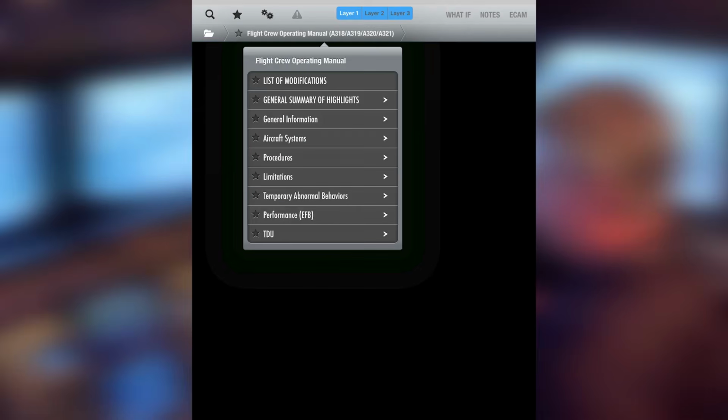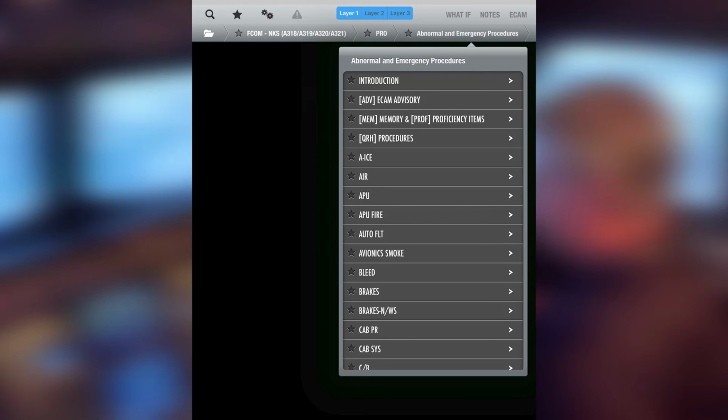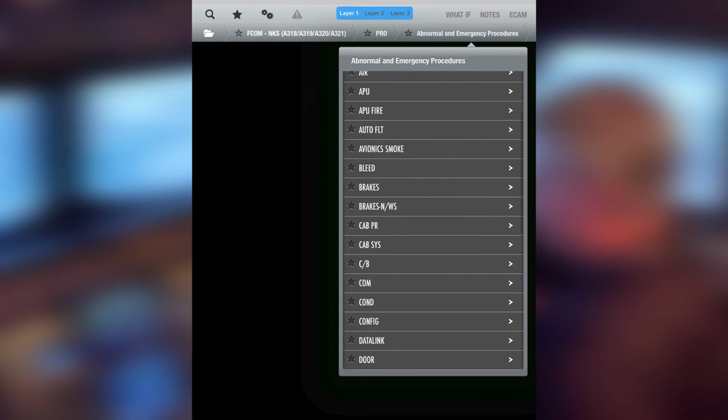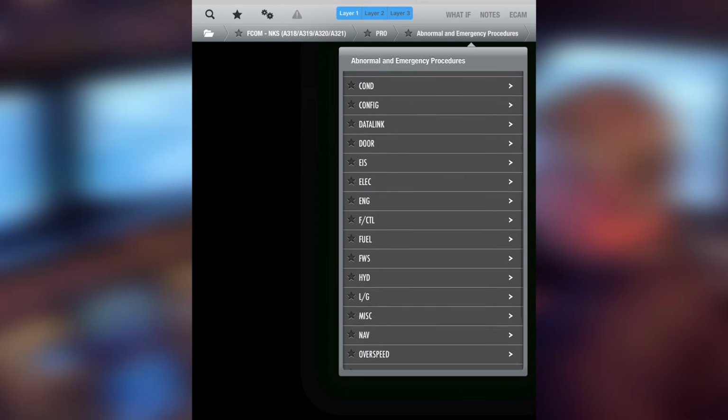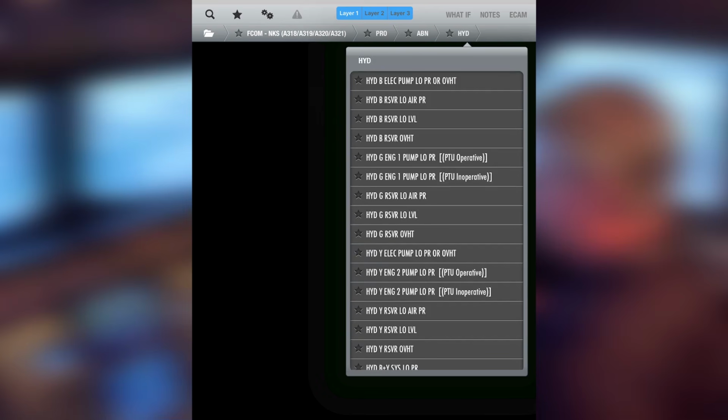Within the OLB, select the Flight Crew Operating Manual. Then select Procedures, Abnormal and Emergency Procedures. Then find the affected system. Then find the failure message.